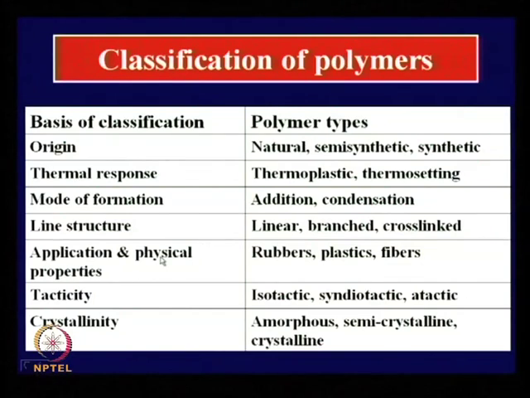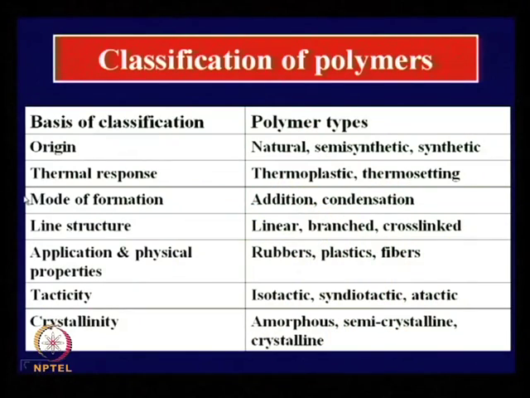From thermal behavior of polymers, we find there are two categories: thermoplastic polymers and thermoset polymers. On the basis of mode of formation, means how these polymers are synthesized, the basis of principles of polymer synthesis, we find there are two categories of polymers: addition chain polymers and condensation chain polymers or condensation polymers.